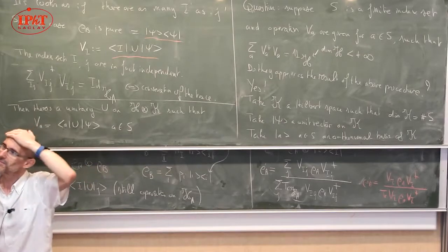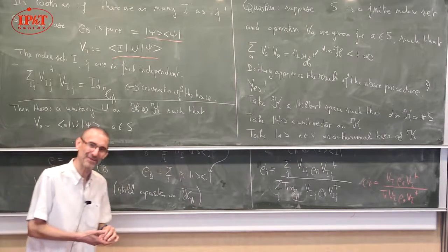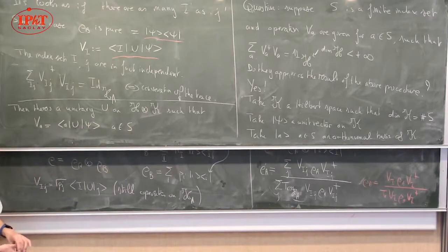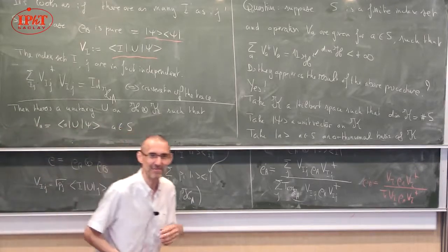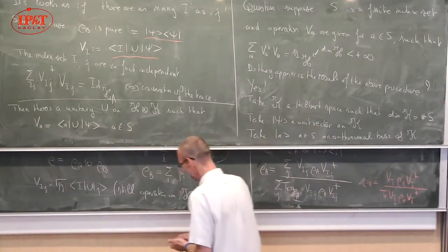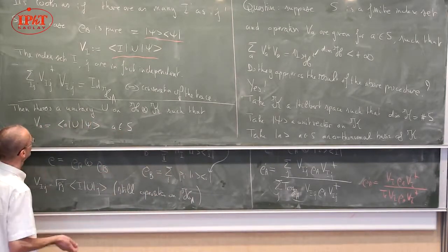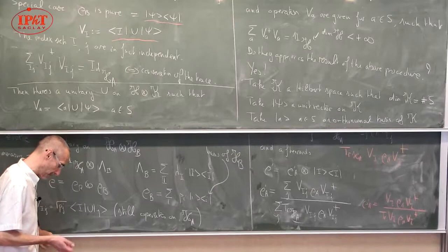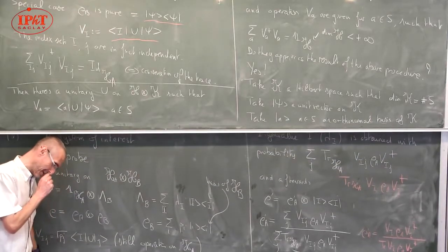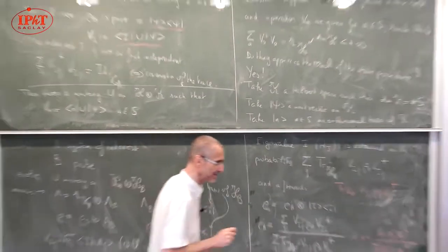You can do a parameter counting. I prefer not to do it on the blackboard because I would say stupid things, but if you look at the proof, which will be in the notes at some point, it tells you how to do the parameter counting. But there is a lot of arbitrariness in U, in fact. Yes, I hope I'm not saying something wrong.